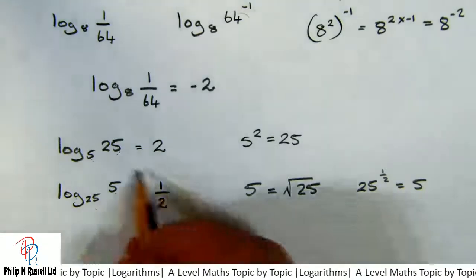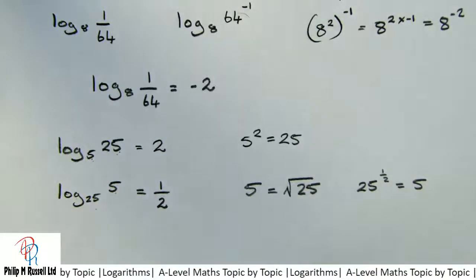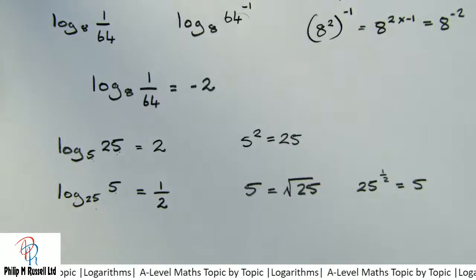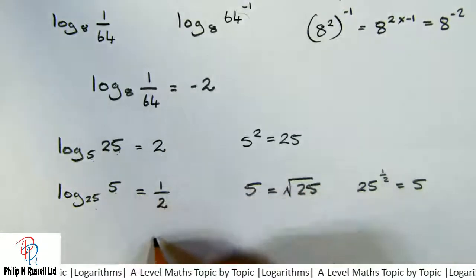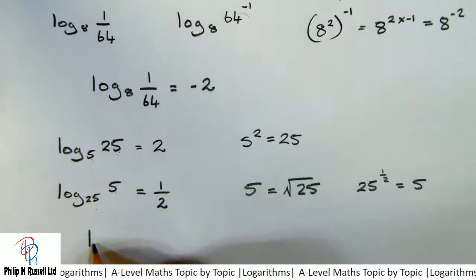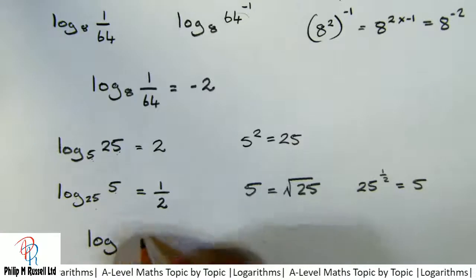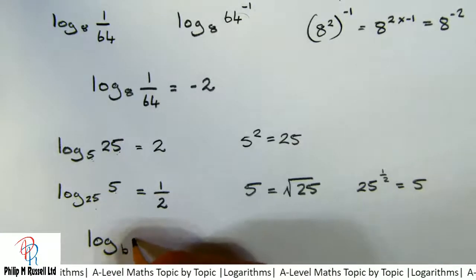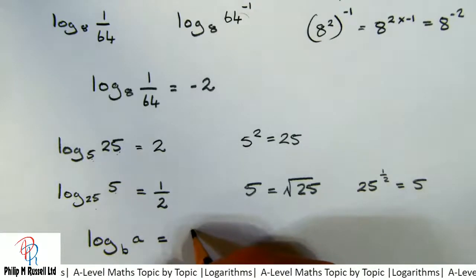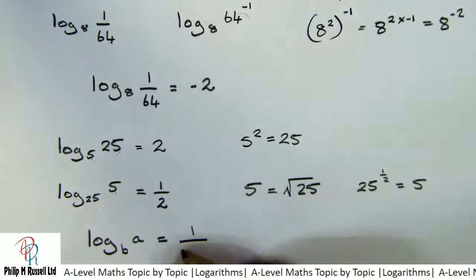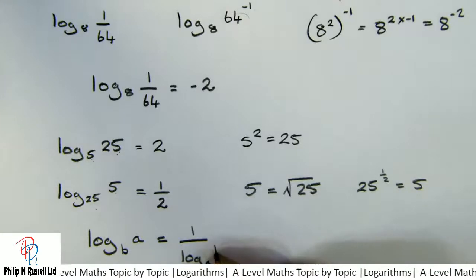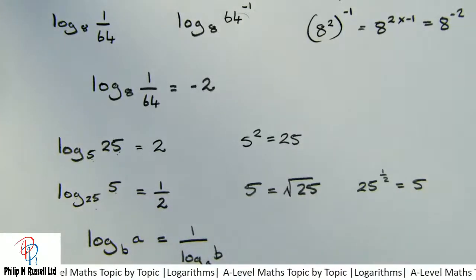So if I want to swap these two numbers round, what we do is we put them one over the other. So if I've got log to the b of a, it's the same as writing 1 over log of a to the b.